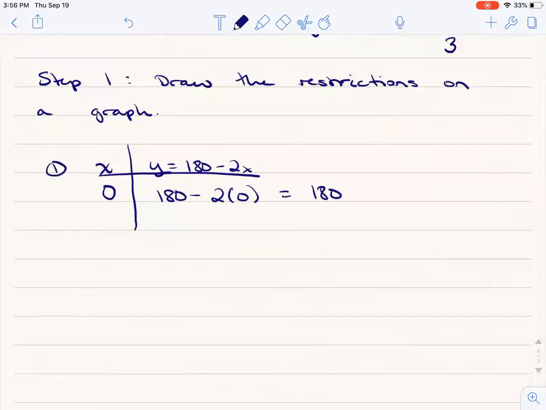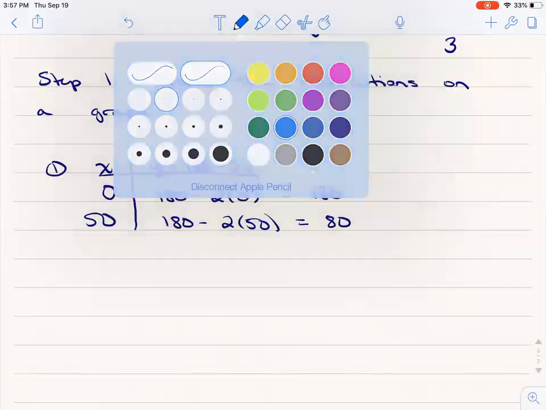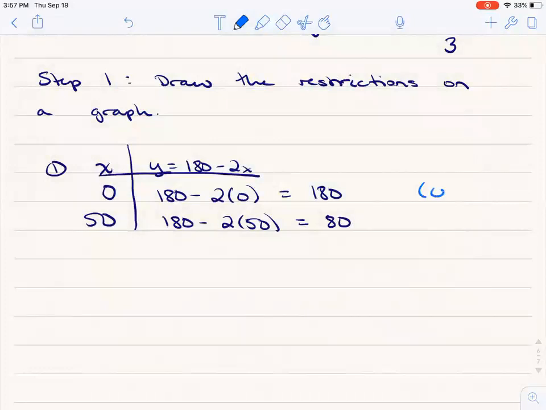So if I use x equals 50, I have 180 minus 2 times 50, which is just 80. So as far as our ordered pairs go, we've got a point at 0 and 180, and a point at 50 and 80.